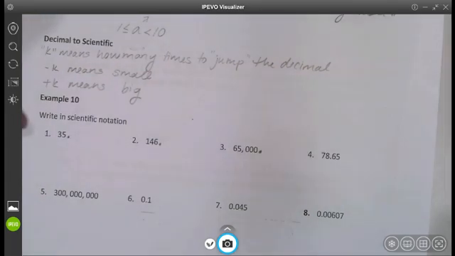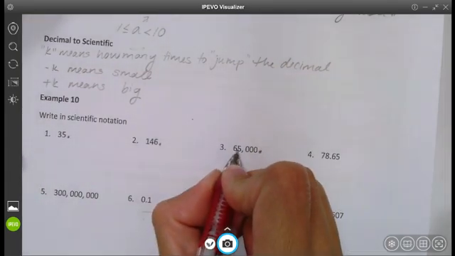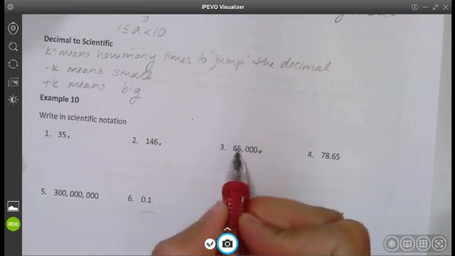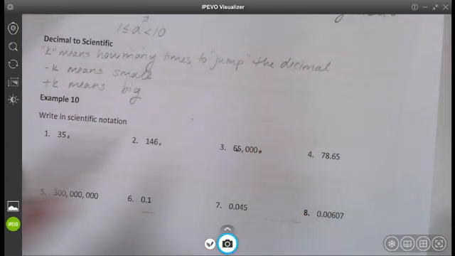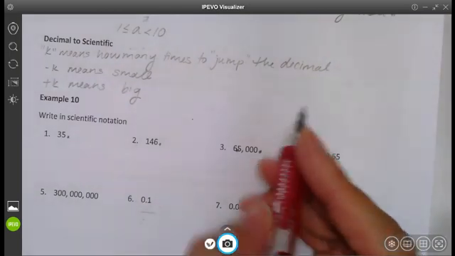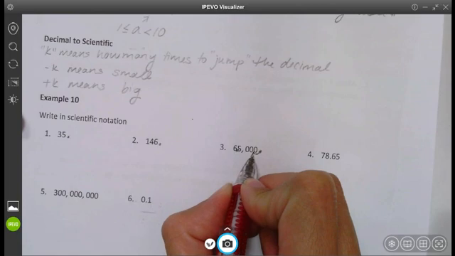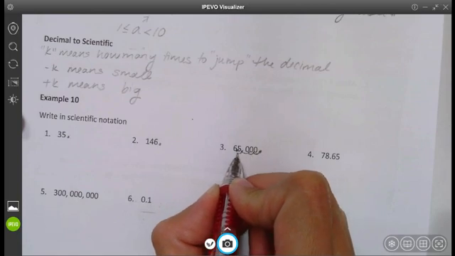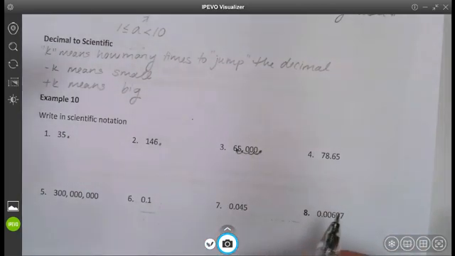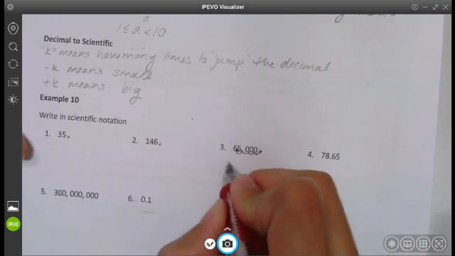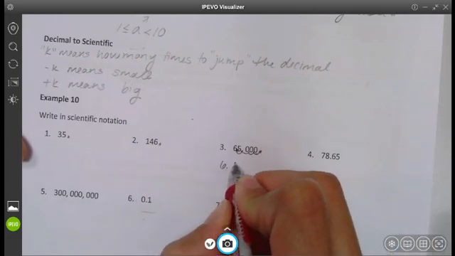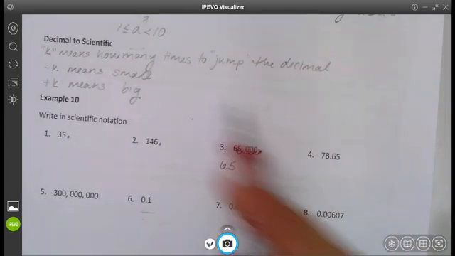We want to move that decimal so that there is only one digit in front of the decimal. So 6 would have to be in front of the decimal. Now we're counting how many times I have to jump that decimal in order to get it to this spot. And so you count 1, 2, 3, 4. That is 4 jumps. So I take that number and now I write it in my A form.